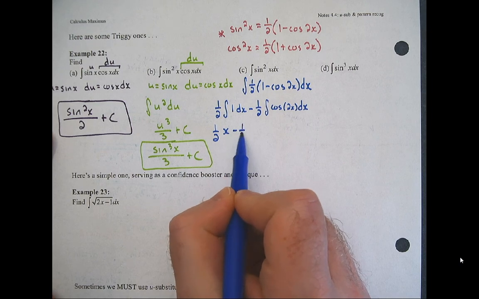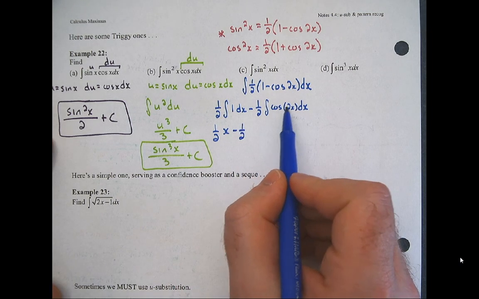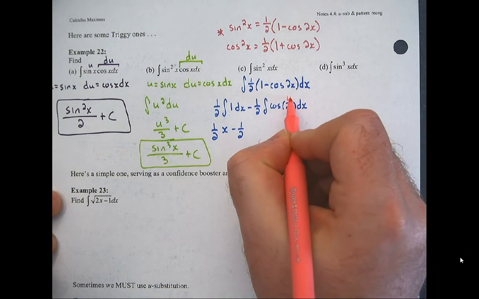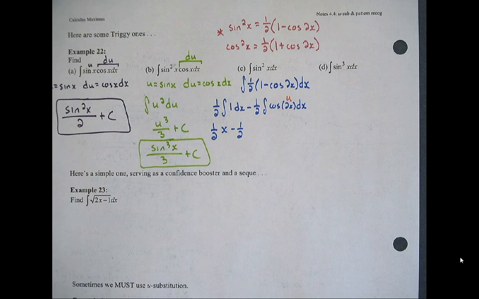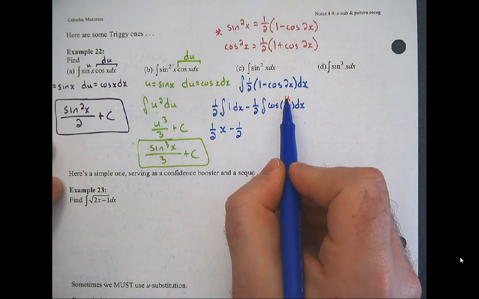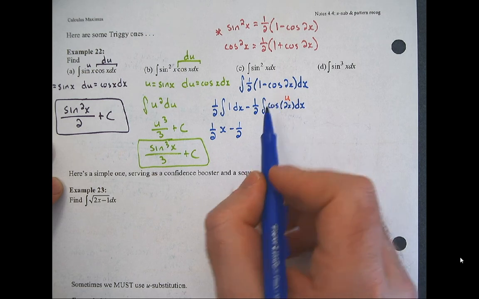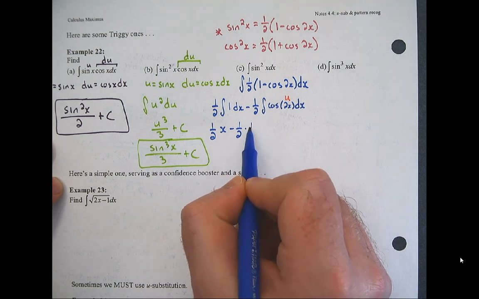Minus 1/2. Okay, my inside function is 2x. So my u is going to be 2x. That means my du is a 2, which means I need another 1/2.